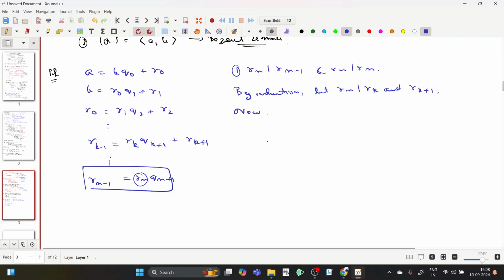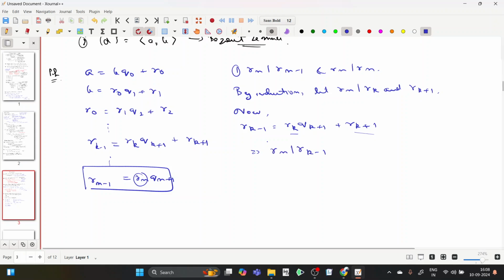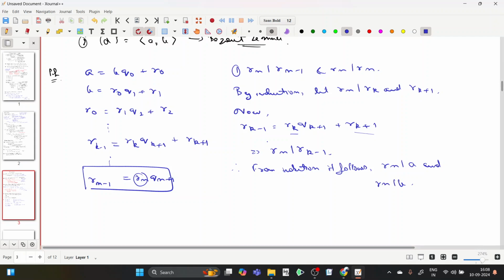Now we have Rk minus 1 expressed as Rk times Qk plus 1 plus Rk plus 1. Since Rn divides Rk and Rk plus 1, this implies that Rn divides Rk minus 1 as well, and this happens for every integer. Therefore, from induction it follows that Rn divides A and Rn divides B as well. Clear?